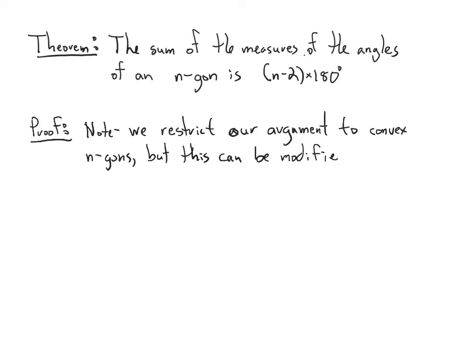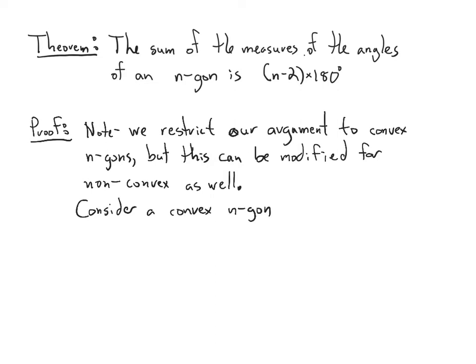There's a lot of bookkeeping to take care of that I don't want to show you guys, but the argument can be modified for non-convex as well. Okay, so let's consider a convex n-gon. And I'll just draw a typical n-gon over here in blue.